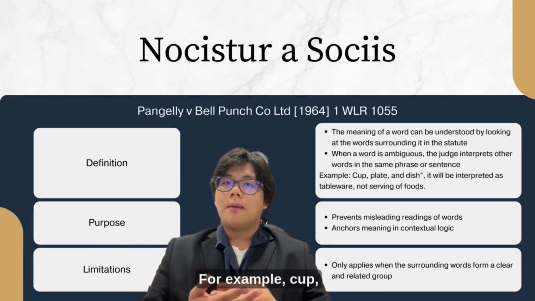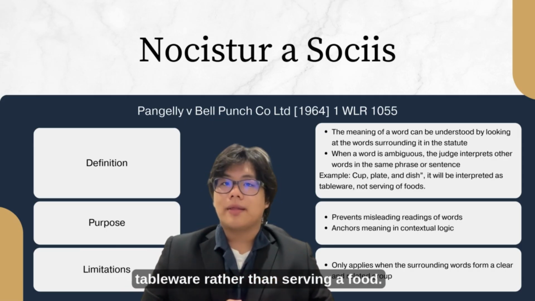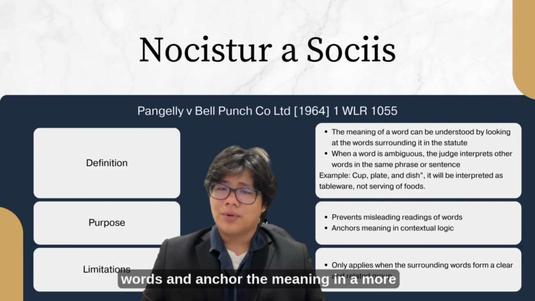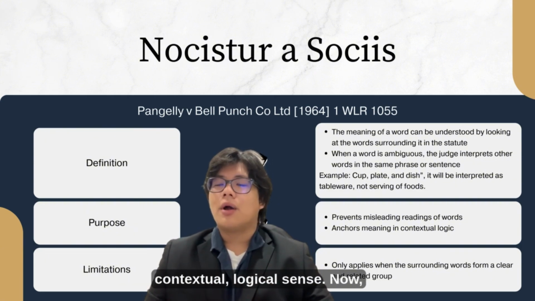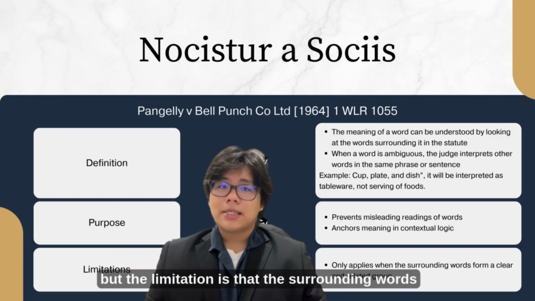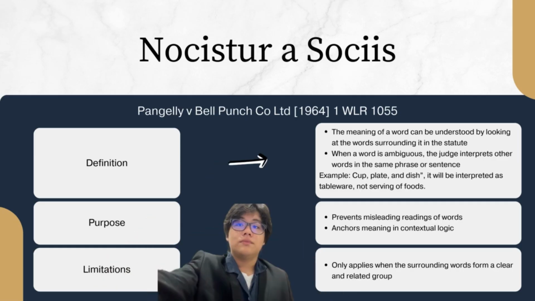For example, cup, plate, and dishes will be interpreted as tableware rather than serving of food. It is to prevent misleading readings of words and anchor the meaning in a more contextual, logical sense. But the limitation is that the surrounding words must form a clear group.